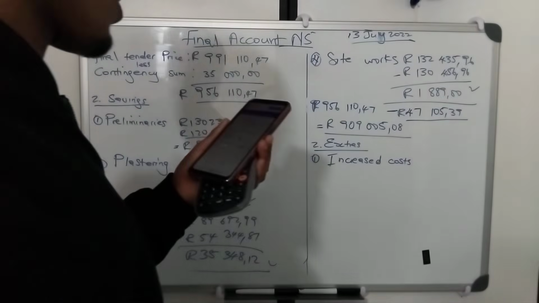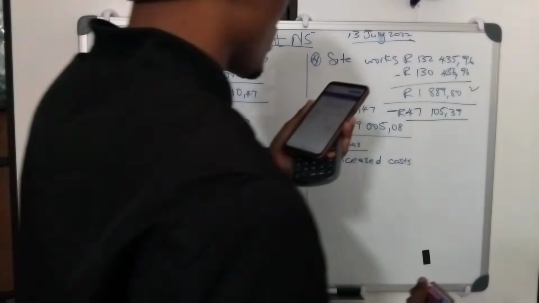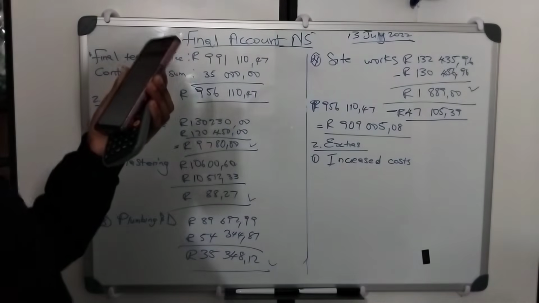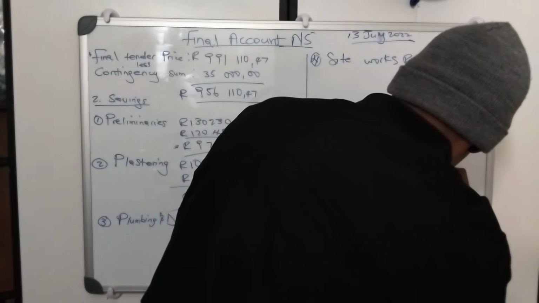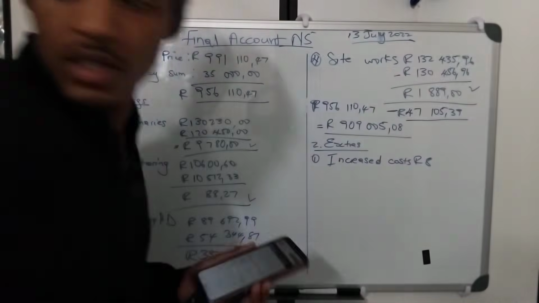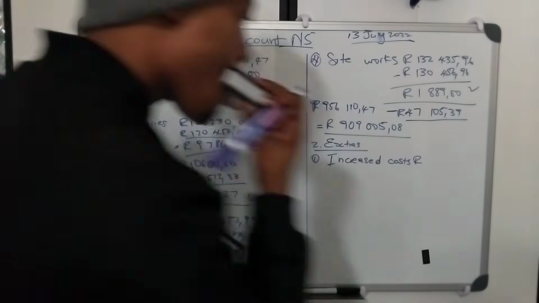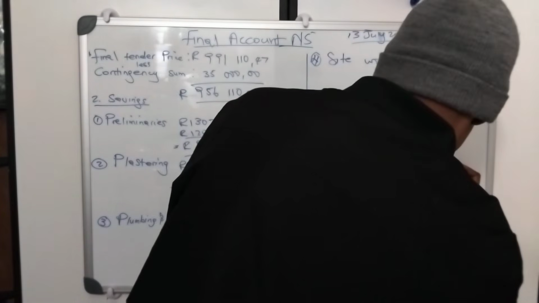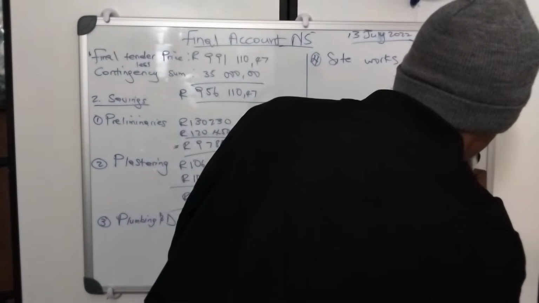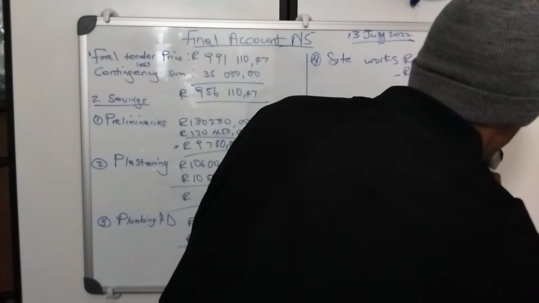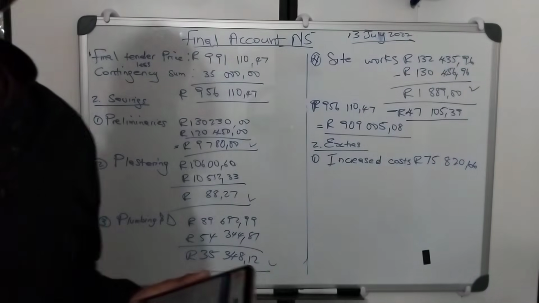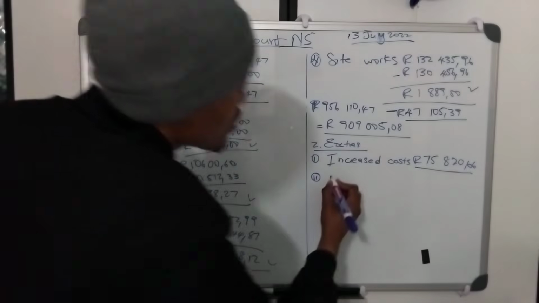So the cost increase is 75,820.66. Yeah. Then we go to tiling, which is the second one.